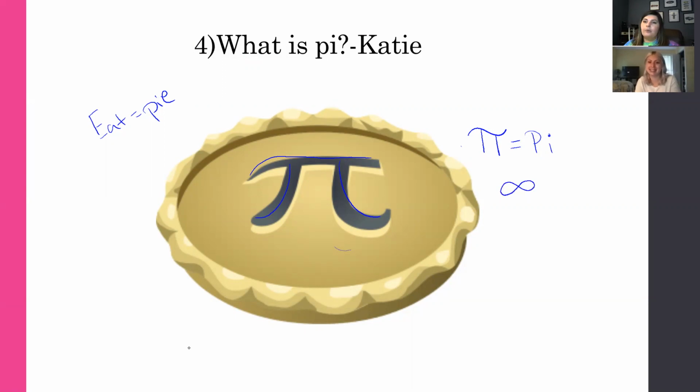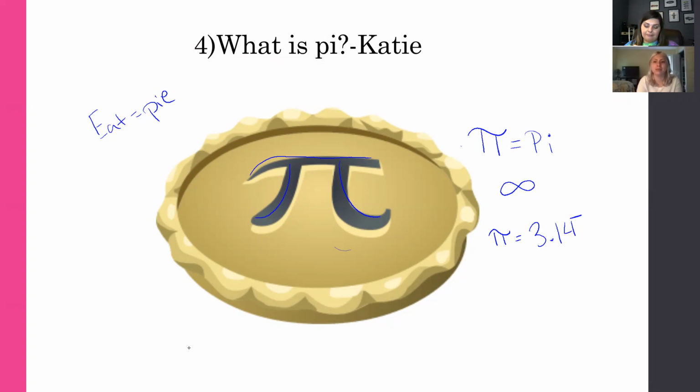For short, we call pi 3.14. It's well known that pi stands for 3.14. And we can put this little symbol right over here because we know that it goes on forever and never ends.